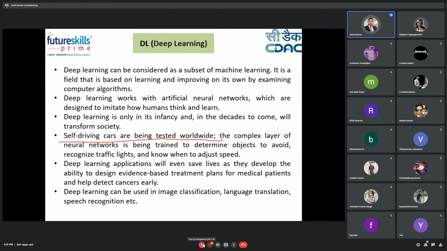Deep learning is also impactful in the medical domain, to detect cancer or other diseases, like brain tumors, cardiac attacks, or symptoms of disease. These are all outcomes of deep learning. It is also useful in language translation, speech recognition, and image classification.